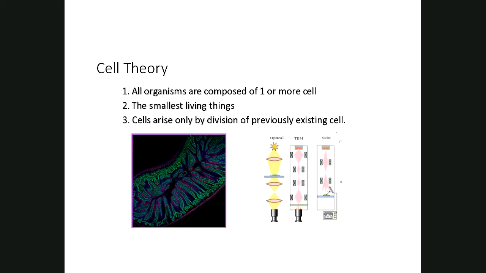In this image I have right here, we're looking at 3 different types of microscopes. You will of course have labs on microscopes, but the first type of microscope shown in this image is what we call an optical microscope or a light microscope. What an optical light microscope does is take light and lenses, which it uses to bend and magnify the image that we're looking at.